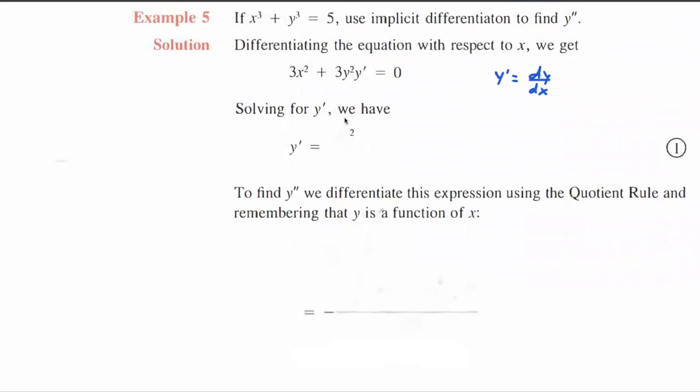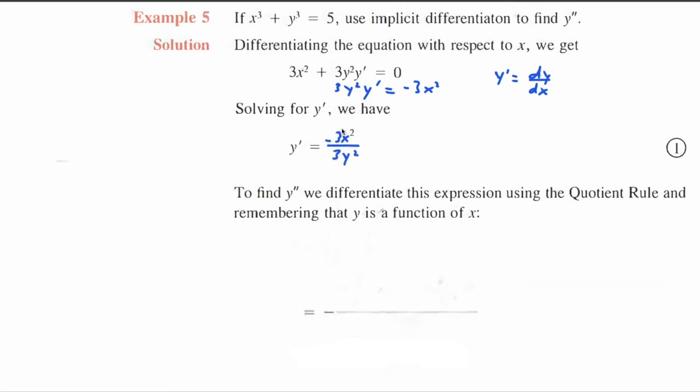If we subtract 3x squared from both sides, then we'll have 3y squared y prime is equal to negative 3x squared. And of course, then it's just to divide by 3y squared on both sides. So we'll have y prime is equal to negative 3x squared over 3y squared.